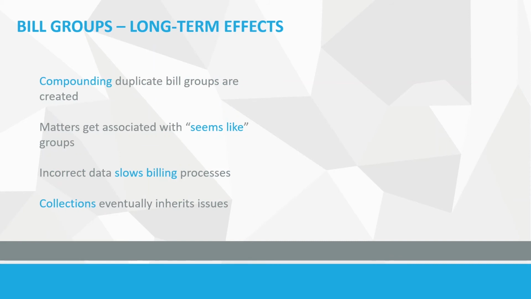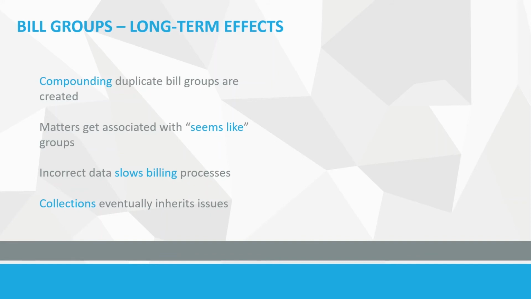So long-term effects of this are that not only are you going to have potentially duplicative bill group data, but throughout the life of a client, you're going to be onboarding more and more matters, and potentially you're going to get more and more duplicative bill groups. While you might early in the client's lifecycle have 2 or 3 duplicative bill groups, by the time that client has been around for many years and has many matters associated with it, you could have dozens or hundreds of bill groups built up for billing purposes.